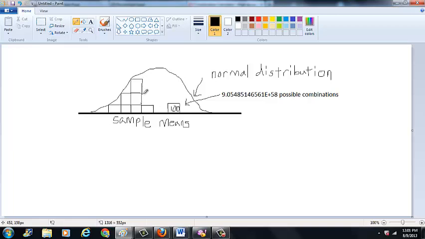It might be easier to make the boxes first and then draw a bell curve around the boxes.